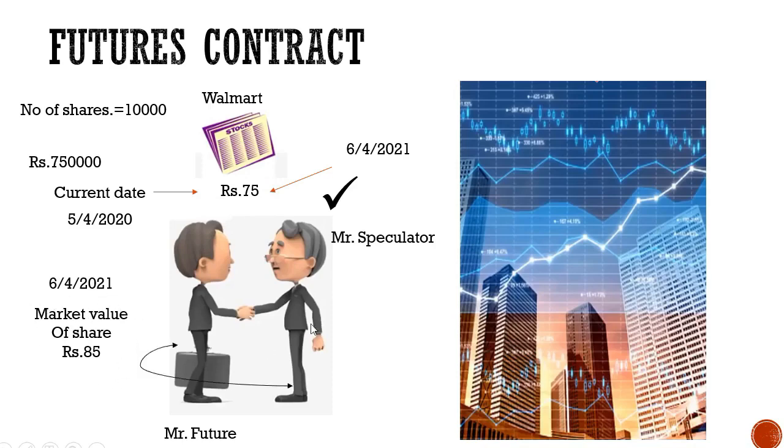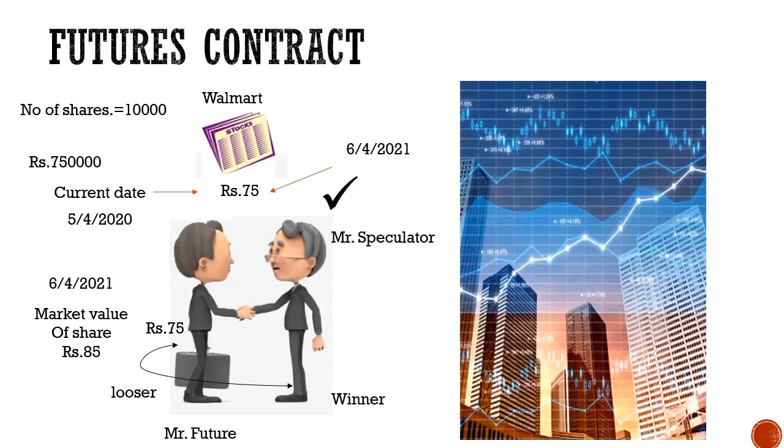The amount that Mr. Speculator will be paying Mr. Future will be rupees 75. Now in this particular example, Mr. Speculator becomes the winner as he has bought the future contract at a discount rate. Thus Mr. Future becomes a loser, goes into a loss.